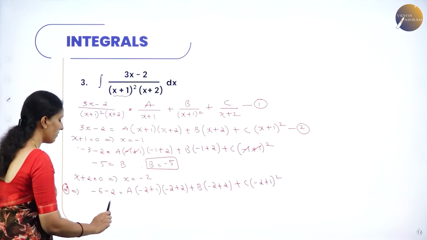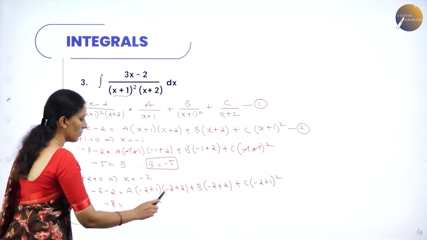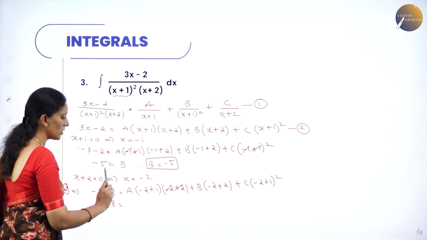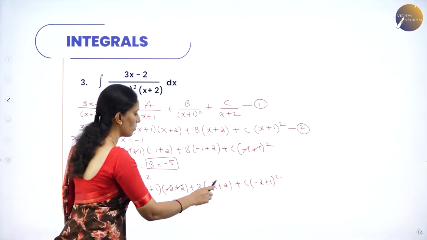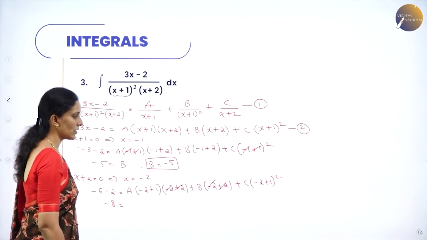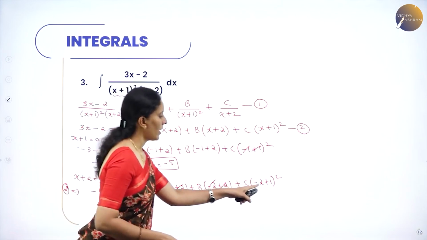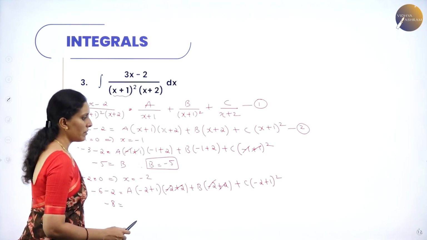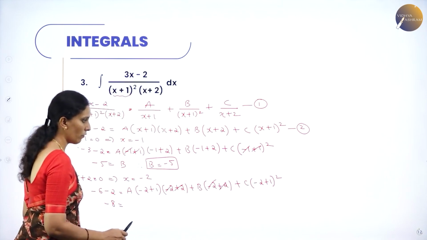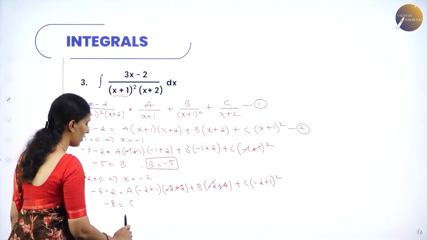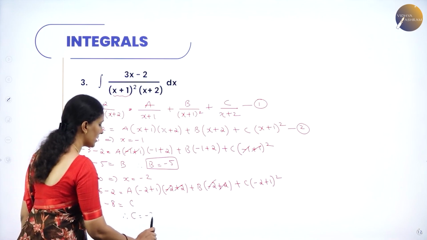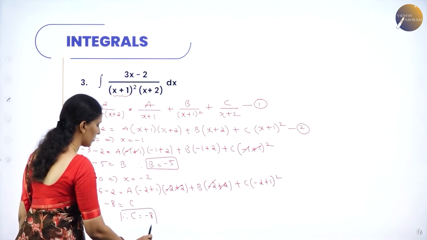So now here we have minus 8. Minus 2 plus 2 is 0, so 0 into a is 0, and 0 into b is 0. Next we have minus 2 plus 1 which is minus 1, and minus 1 square is 1, so you get c. So therefore c is equal to minus 8.